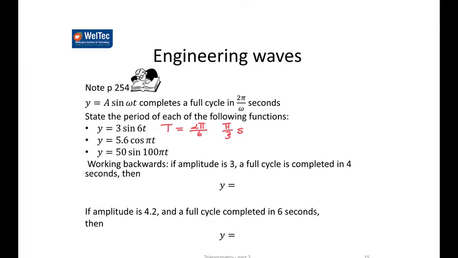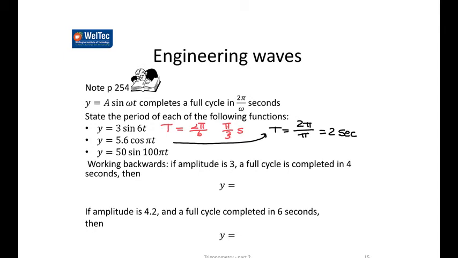In this case, omega is pi, so T is equal to 2 pi over pi, which is just 2. So it repeats itself every 2 seconds.